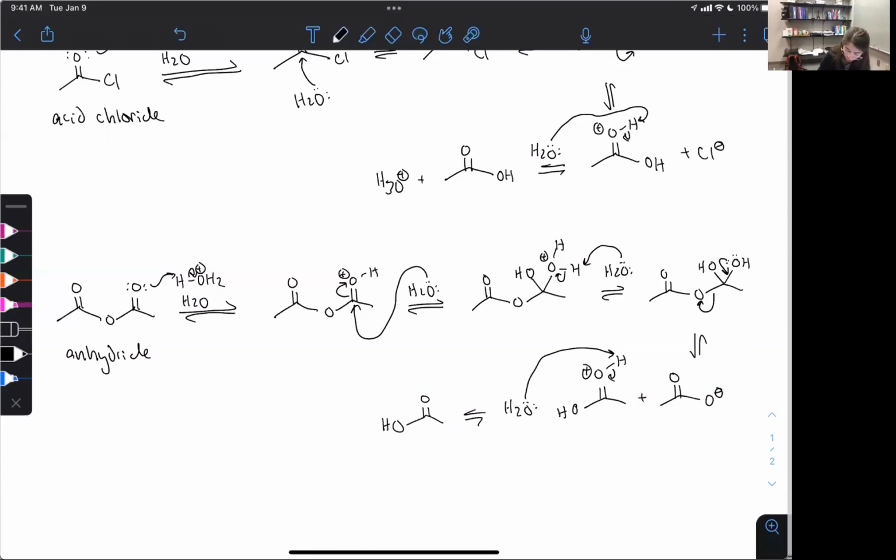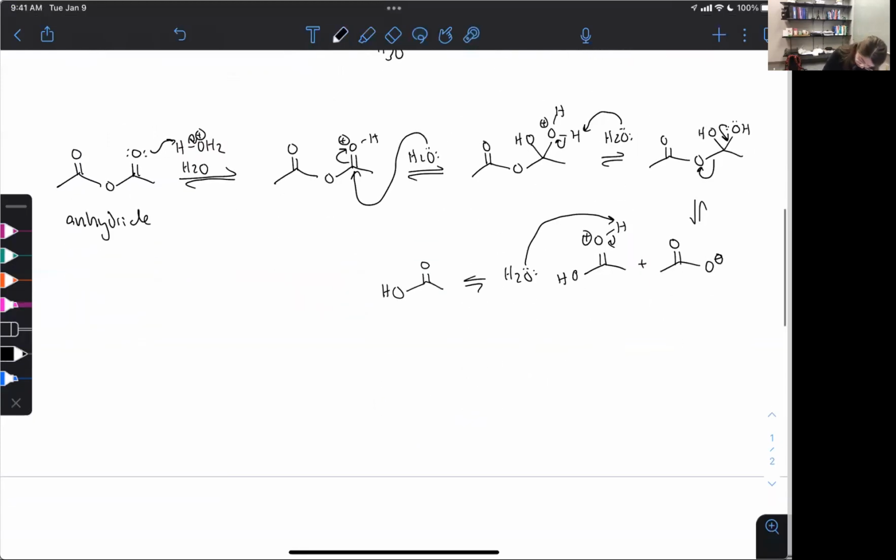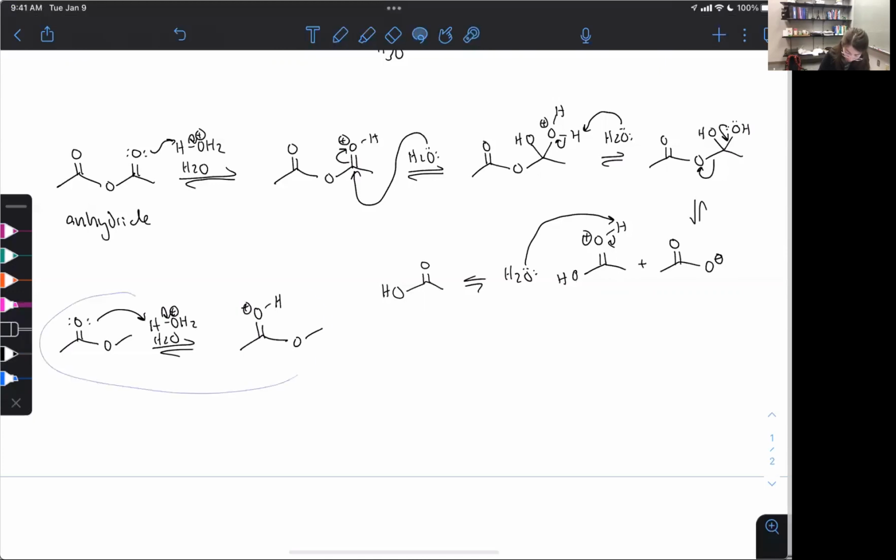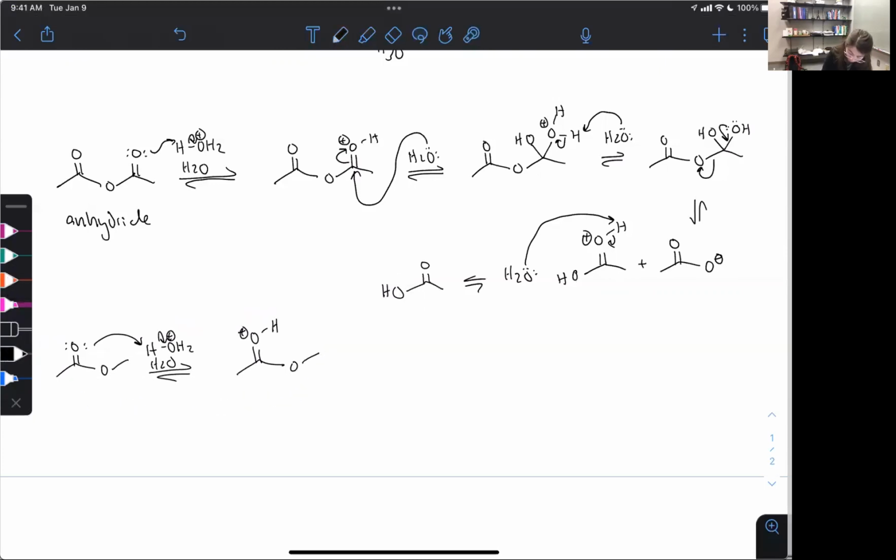All right, let's do an ester. All right, same thing. We're going to start by protonating the carbonyl. Okay, so now that we've got it protonated, I'm going to go ahead and move this down so I'm not starting to run into things.